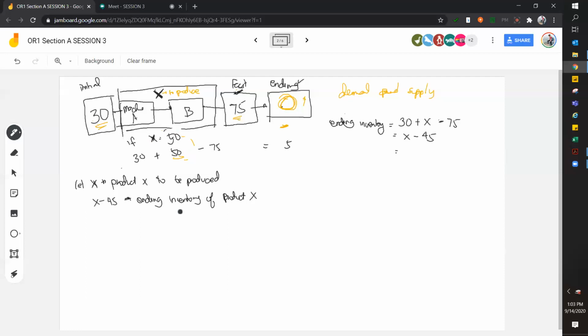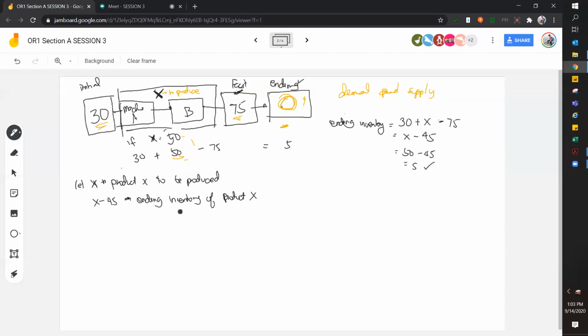Will it be the same as X minus 45? The same, right? So this is our goal. This is one of our decision variables: X minus 45, the ending inventory of product X.